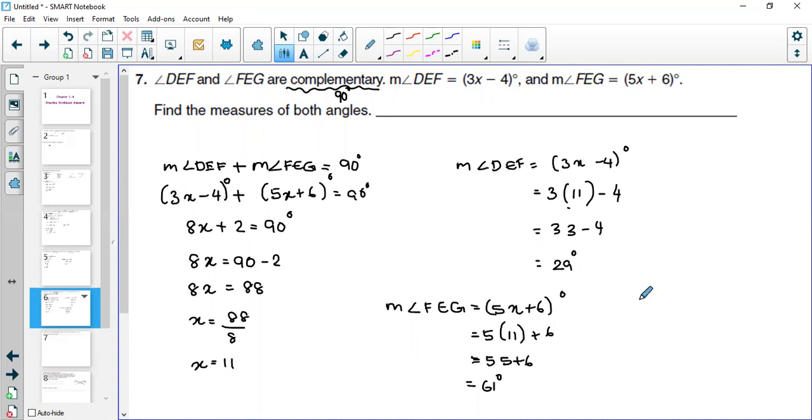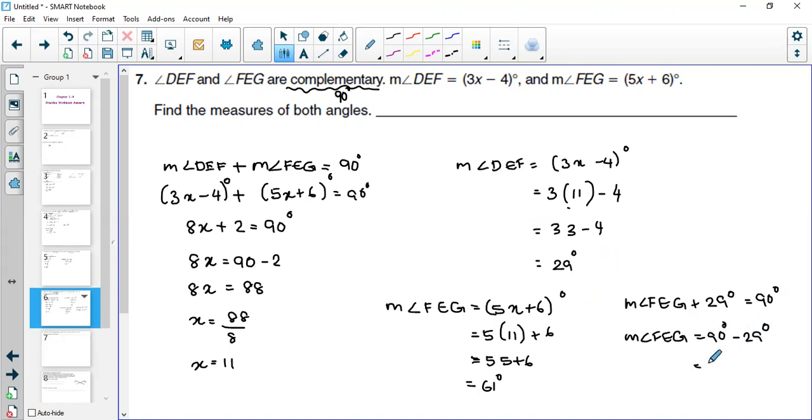Else what you can do is, both the angles are complementary, so they add up to 90 degrees. So you could say measure of angle FEG plus 29 degrees, that is the measure of angle DEF, is equal to 90 degrees, which means measure of angle FEG is going to be equal to 90 degrees minus 29.